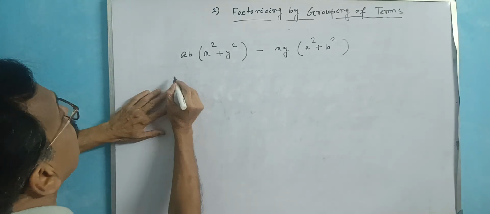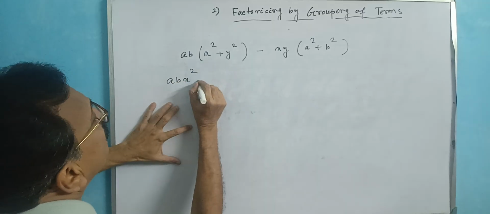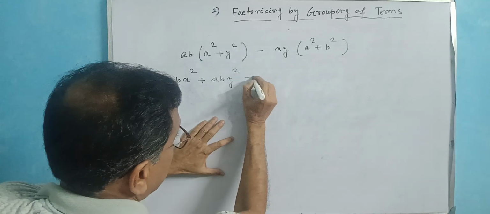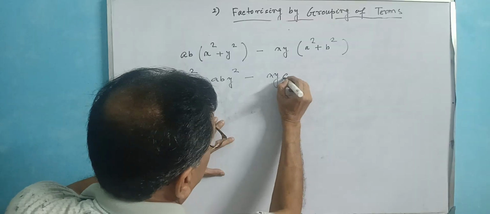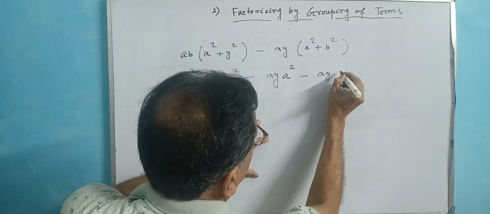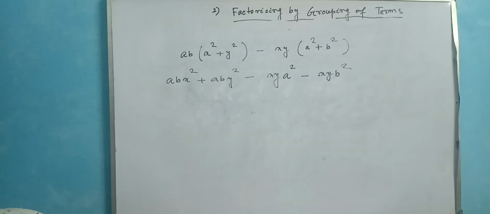So first you multiply out of bracket: abx square plus aby square. Don't panic. Minus xy a square minus xy b square. Okay. So this is called the algebraic expression.